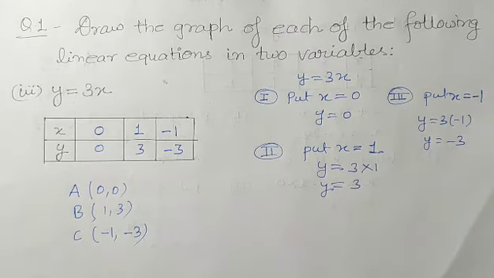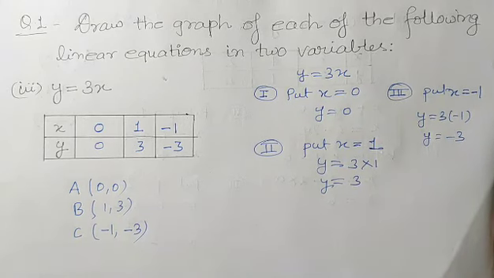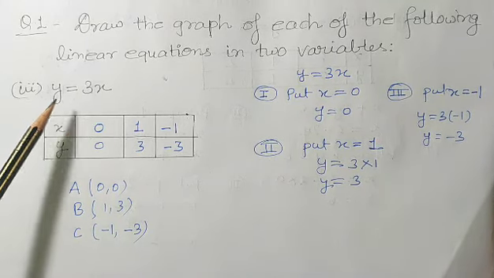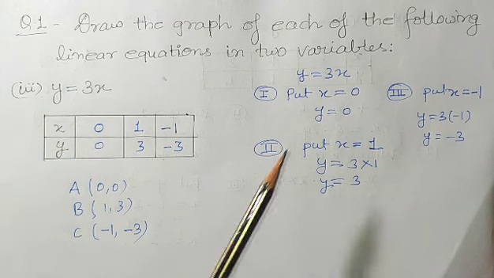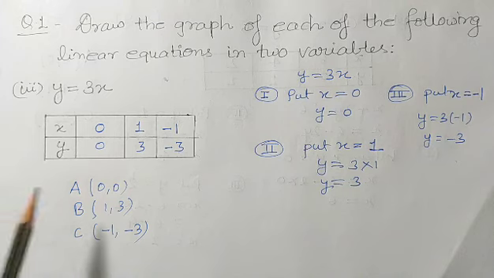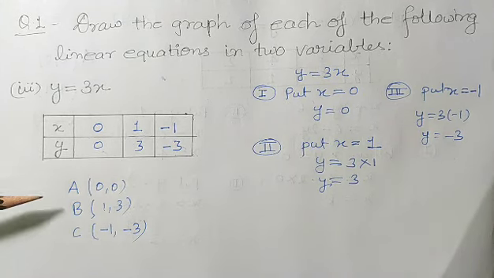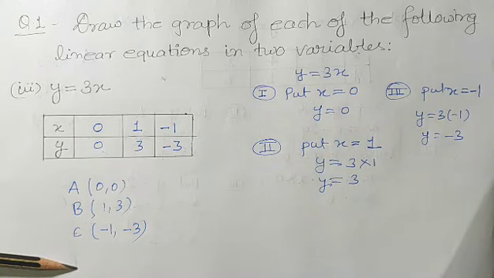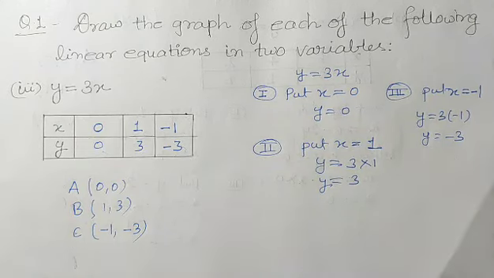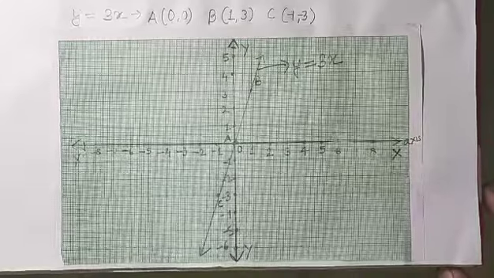Let us see once again the whole question. Firstly, the equation was given, y is equal to 3x, and for this equation we found all 3 solutions. Then we wrote all the solutions in this table and showed them as A, B and C, in ordered pairs. After writing them in ordered pairs, we showed them on the graph.